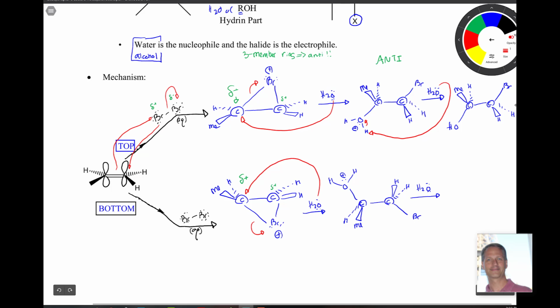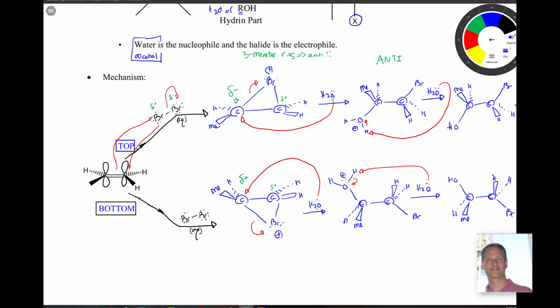And then same idea down below. So just grab one of those H's. And there's where your anti is. And voila, you got your H's in there.